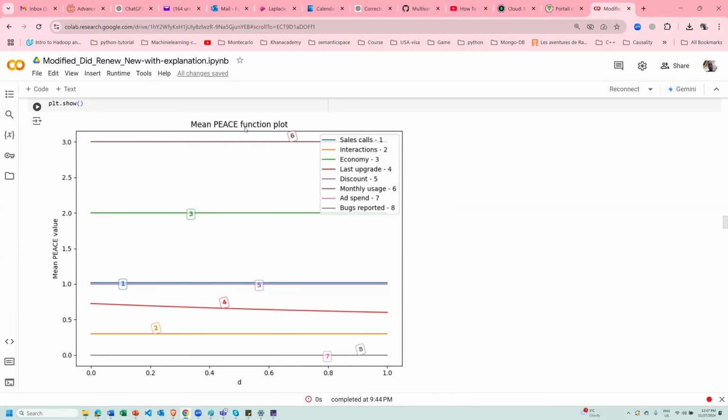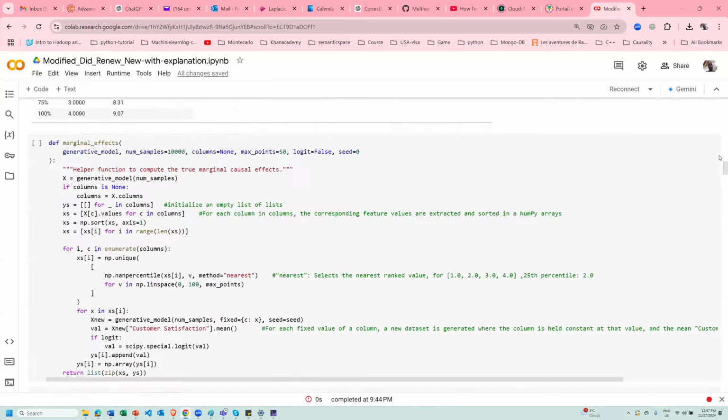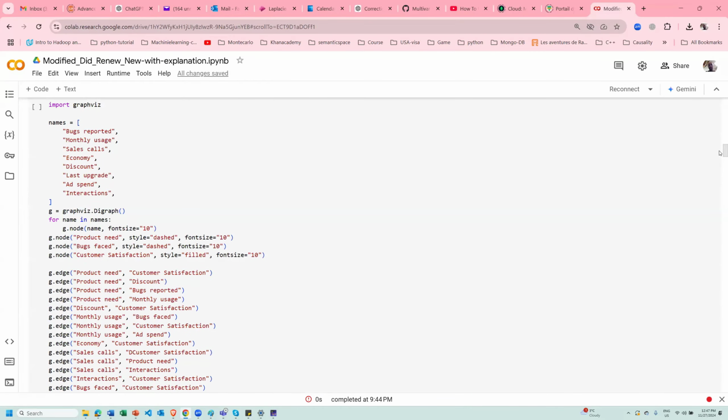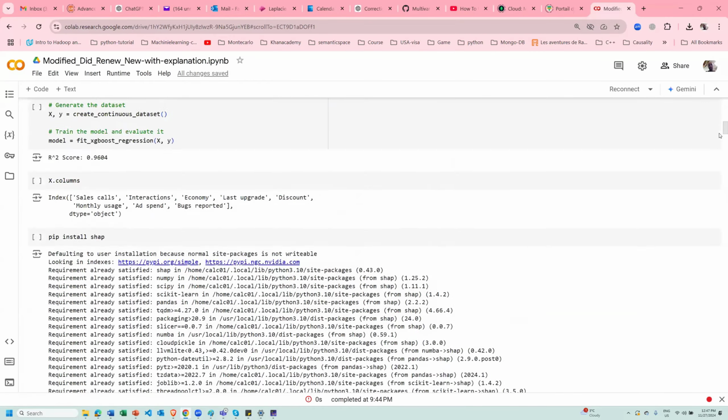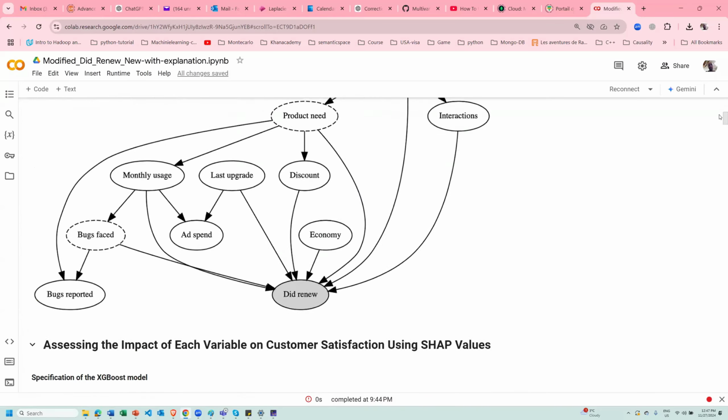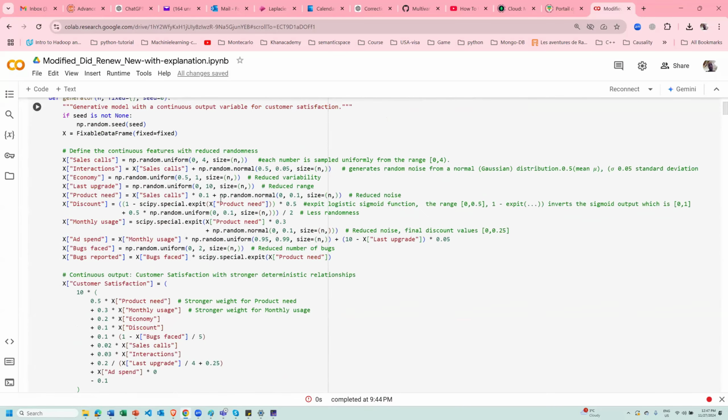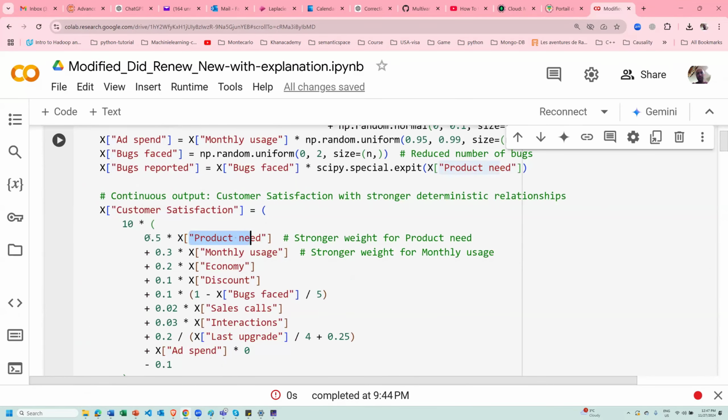And then as you can see, for example, in mean piece, number 6 corresponds to monthly usage. Let's look up there in the data set and see monthly usage. Here we have the first most important element according to the data set, which is product need. Okay, and we deleted this one, so we ignored it. What is the next one?